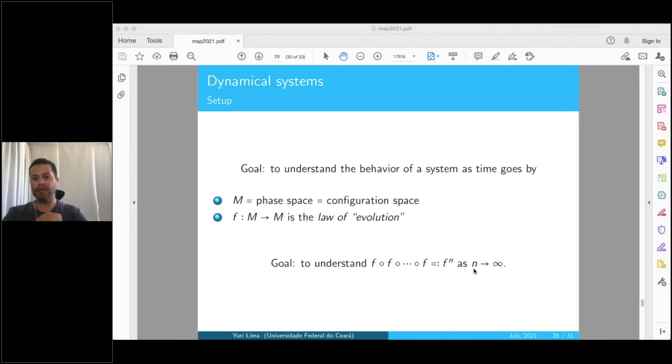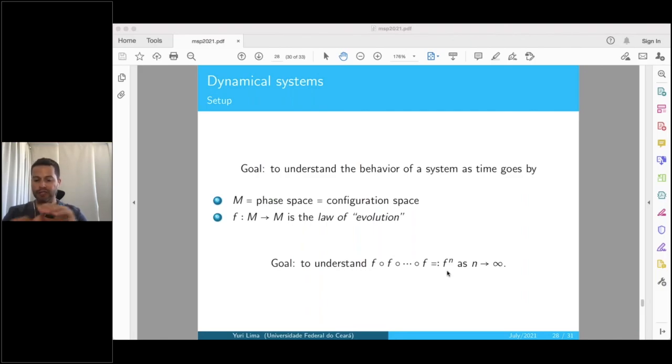So how does it behave the larger we take n? For instance, it could all converge to the identity map, or it could converge to a map that sends everybody to the same place, and so on. Or it would never converge, it would oscillate among two maps. So this is the kind of questions that we in dynamical systems try to answer.